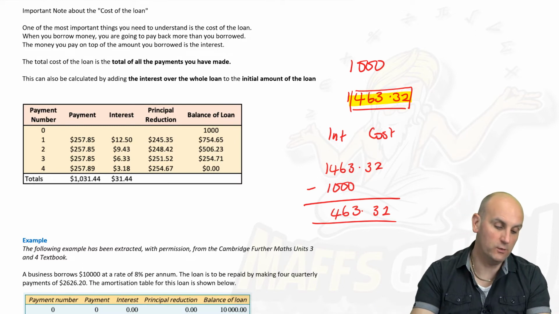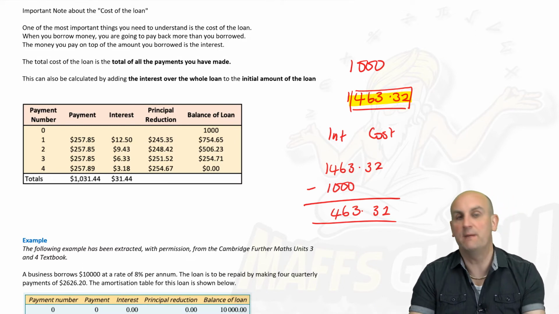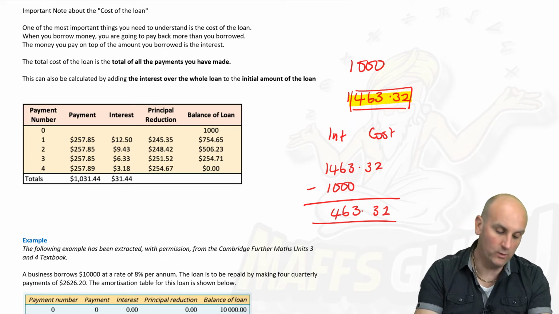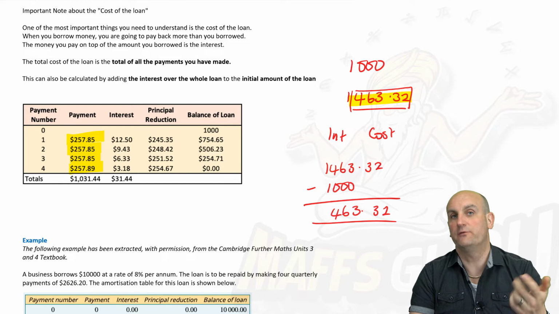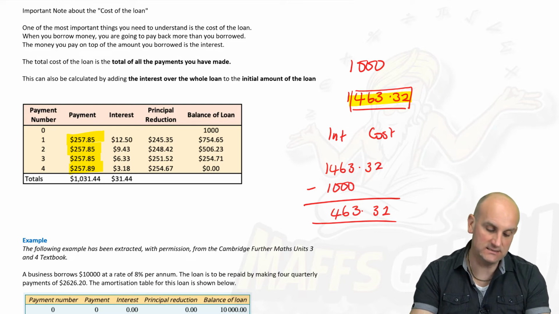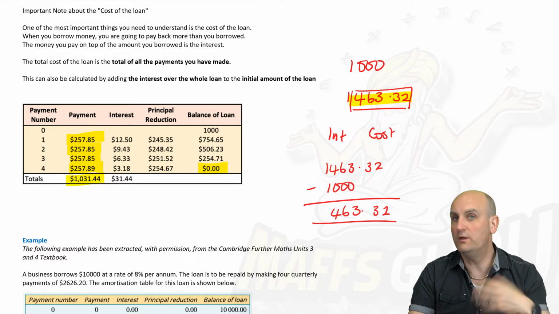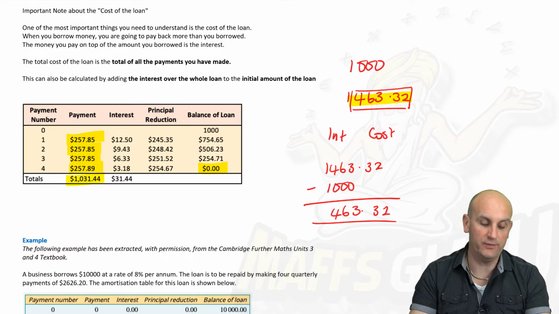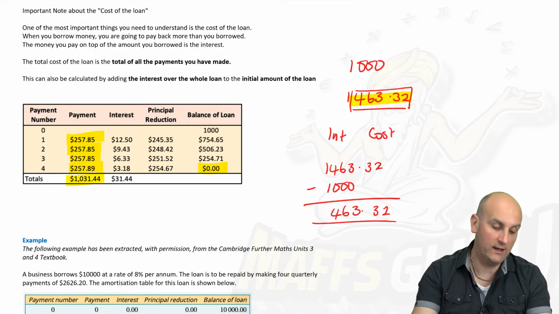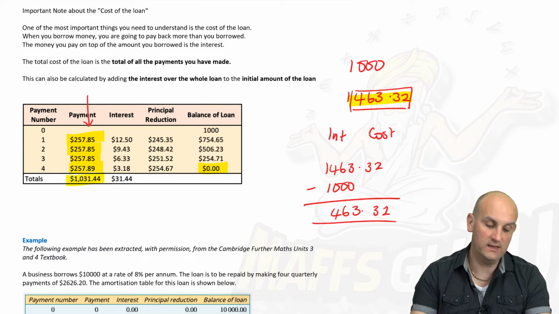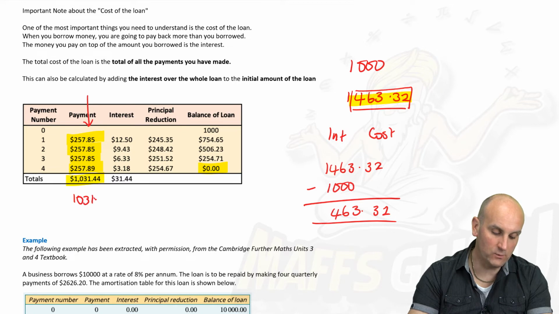So if we look back at our previous example, what we noticed is we kept making these payments, and you'll notice that the last one has been adjusted to 89 cents to clear the loan. Our total payment, all of the payments we made, was $1,031.44. How did we get that? By adding all the payments together. But what do I notice? $1,031.44.